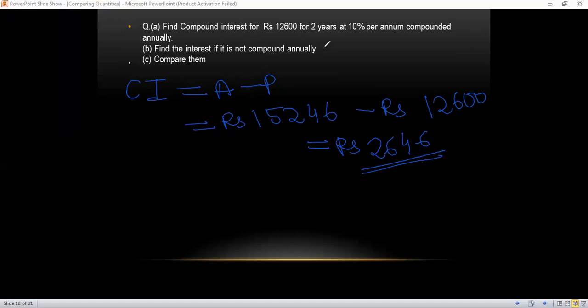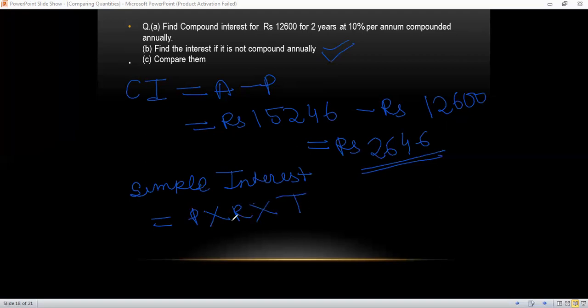So for this question, if it is not compounded annually, that means here we have to apply simple interest. For simple interest, what formula do we use? We will use P into R into T upon 100.